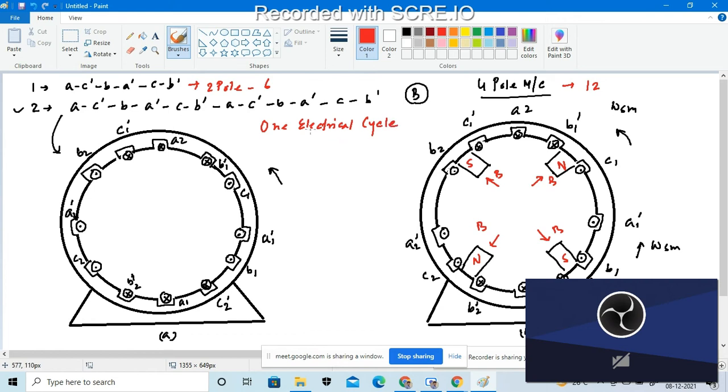One electrical cycle means 360 degrees, 360 electrical degrees. And since we are considering the mechanical motion, the mechanical motion is 180 degrees, 180 mechanical degrees.